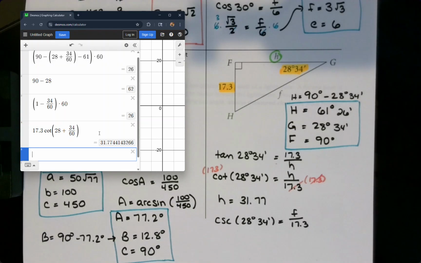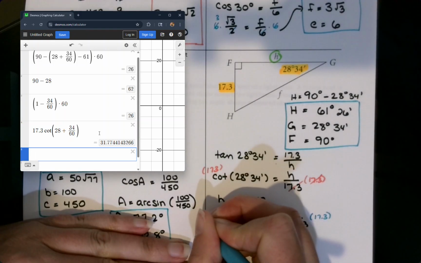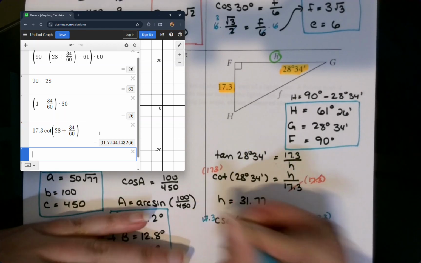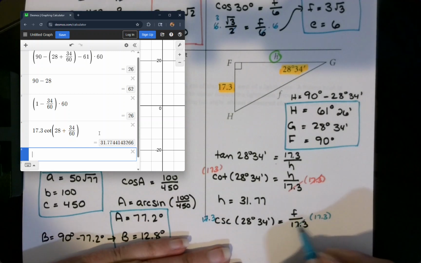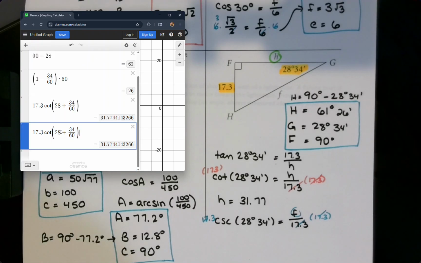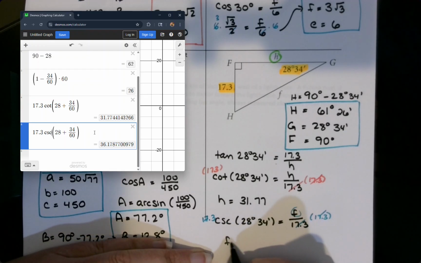Advantage, now I just need to multiply the 17.3 over, and then that's going to have F solved for. I can even copy and paste this line and then change from the cotangent function to the cosecant function. I already have the rest of it typed. So this means that side F is going to equal about 36.18.